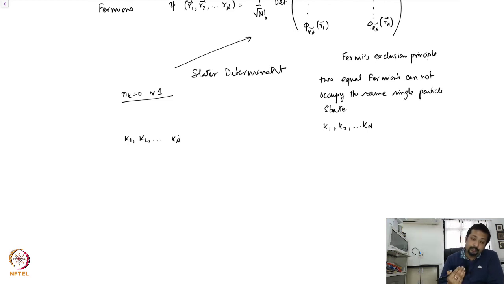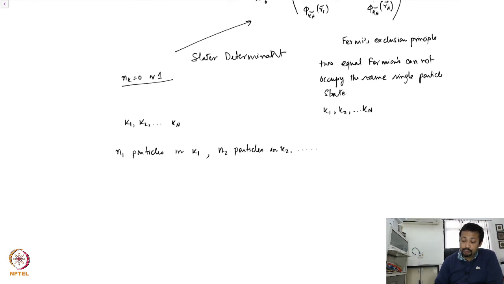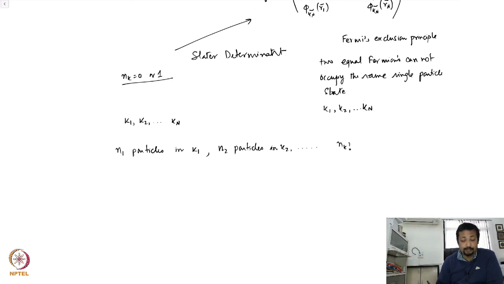If there are n1 particles in k1 and n2 particles in k2, so on and so forth, then this inner product contributes to the sum only nk factorial times, and therefore the normalization becomes n factorial times the product over k of nk factorial, where n factorial is the total possible number of permutations you can have.